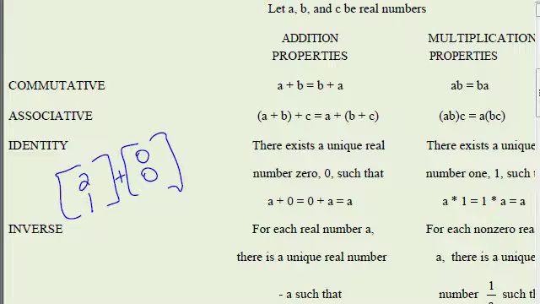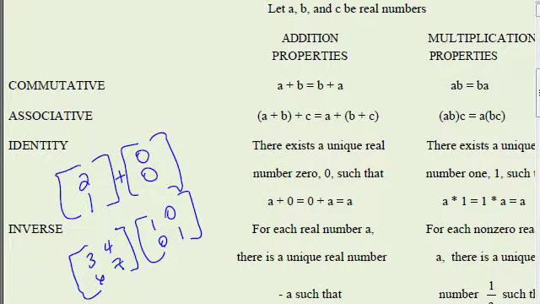But with multiplication, let's say we had a 3, 4, 6, 7, 2 by 2, just to make it simple. The identity for that one would be 1, 0, 0, 1. Something new for you. I want you to check that out. Multiplying the 3, 4, 6, 7 times 1, 0, 0, 1.